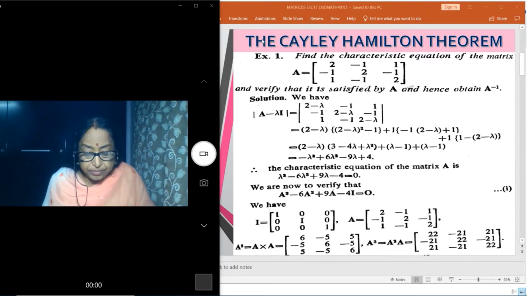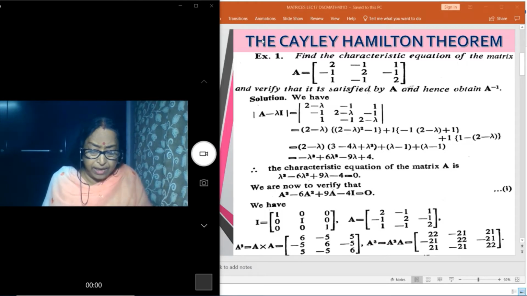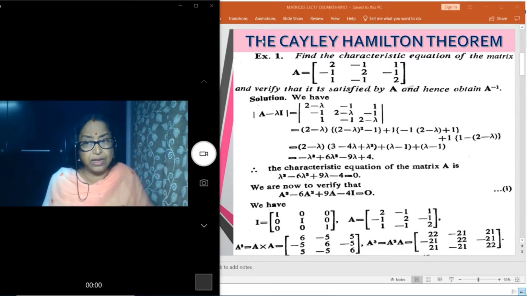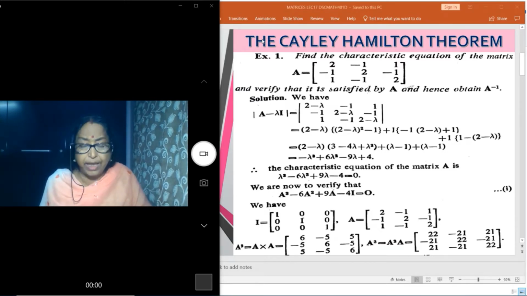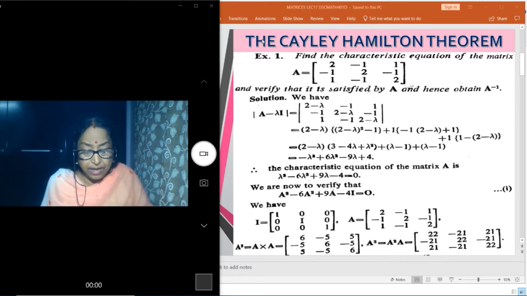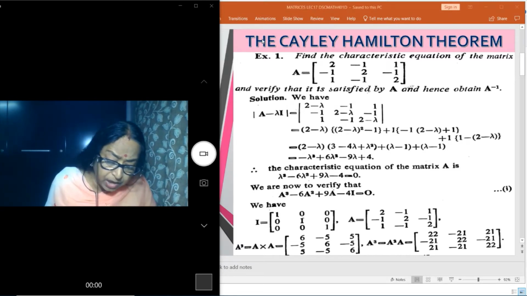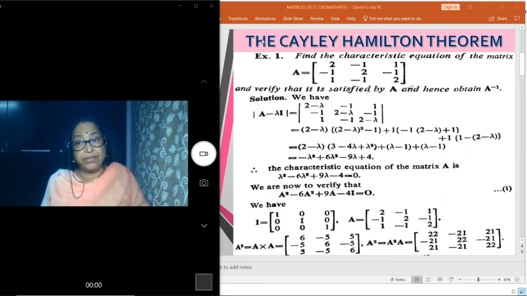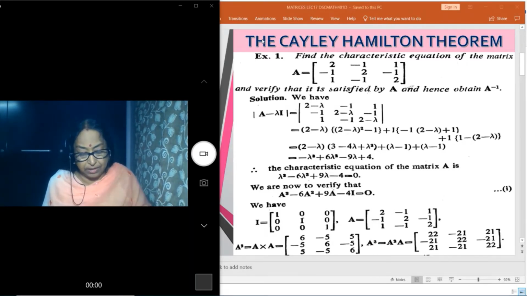Now, we know I is the unit matrix. Since it is 3 cross 3, we have to take I as 3 cross 3. A is given, then find A square, A cube, etc. by using the matrix multiplication method.